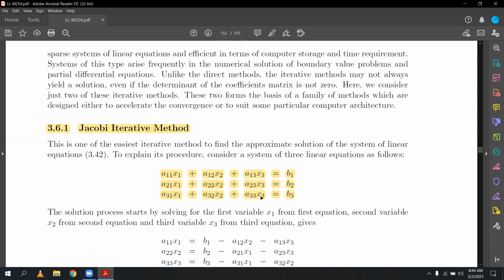This is the first point to remember. Second point, when we do the iterative method, the diagonal elements of the given system, A11, A22, and A33, should not be equal to 0.